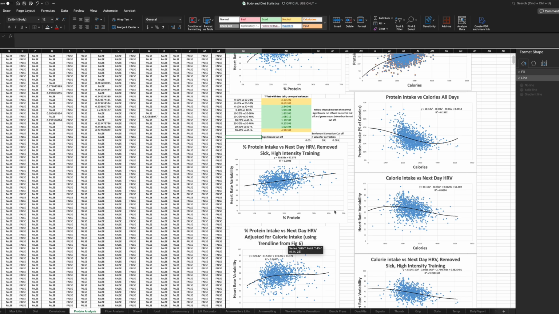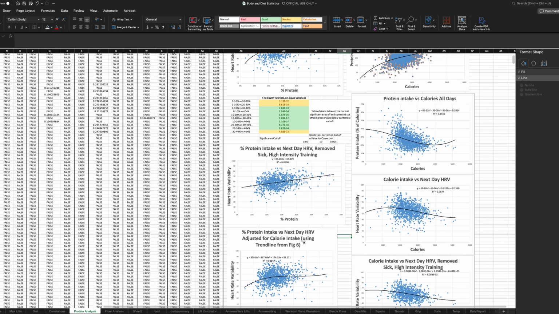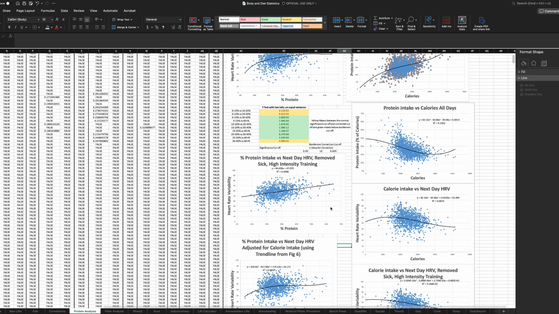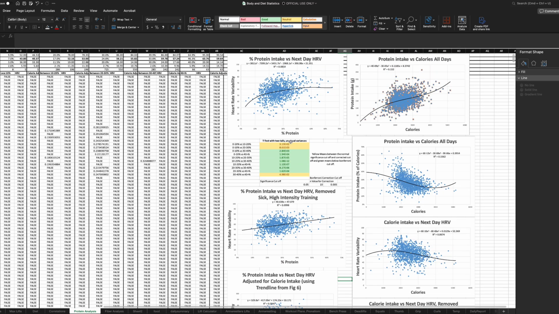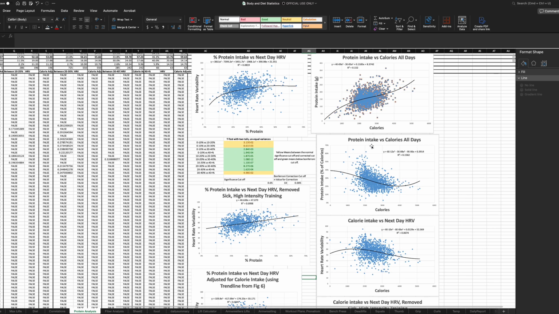So then I had people commenting, oh, what about your calorie intake? Because, what if your calories are confounding this, right? Because I've already adjusted for being sick or having high intensity training. So they asked, how much protein do you eat versus how many calories do you eat, right?